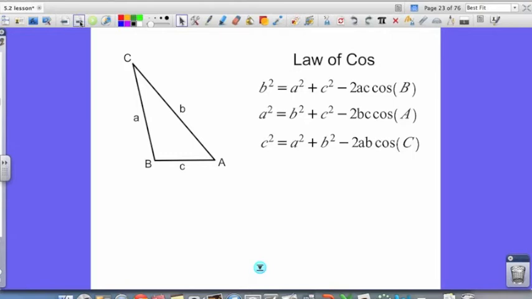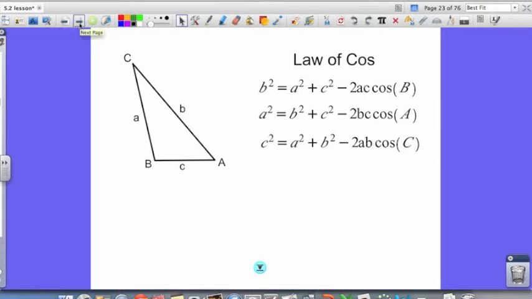And then it doesn't matter whether I'm looking at A, B, or C. Take a look at these formulas. There are some patterns, some similarities. You can start thinking of sides and angles and how those relate without actually remembering the letters. But if remembering the letters is good for you, then that's fine.